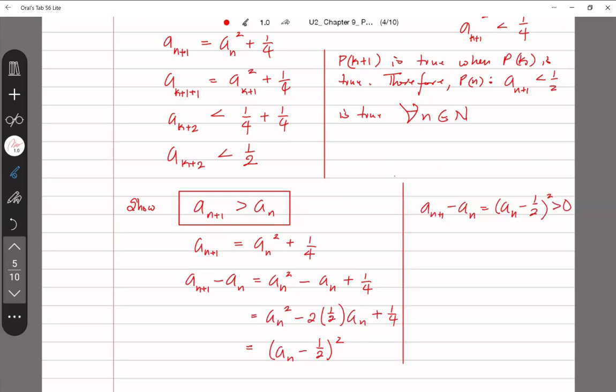So if the square of something must be positive, it must be greater than what? 0. So therefore, a_(n+1) minus a_n must be greater than 0. And so a_(n+1) must be greater than a_n. And that is what we were asked to show at the ending part of this question.